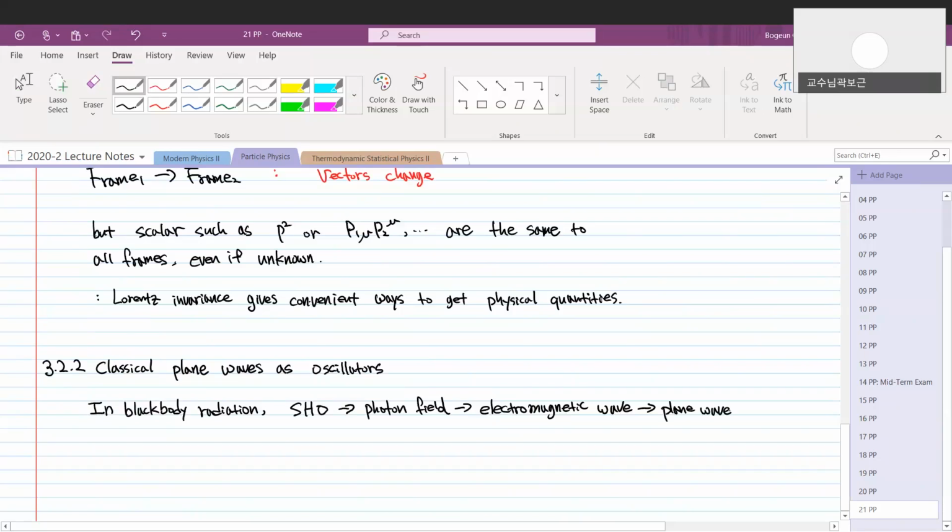Then the plane wave can be interpreted by a simple harmonic oscillator. So the oscillator system describes the plane wave system. Then we generalize to quantize the system, and then we can find the many-particle quantum field system.